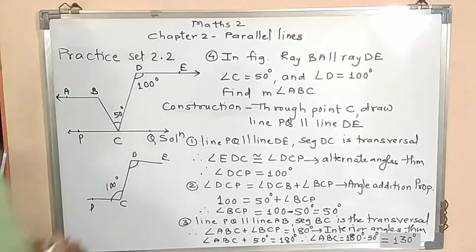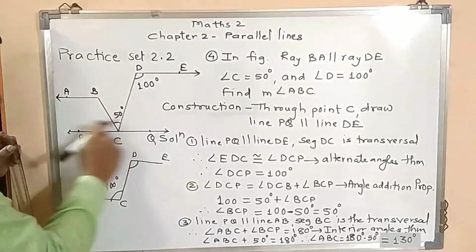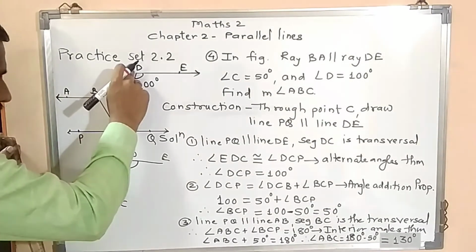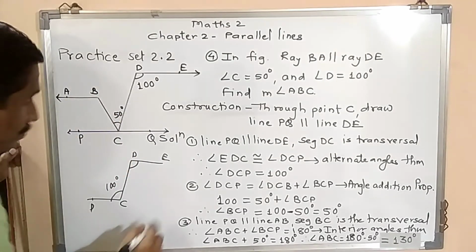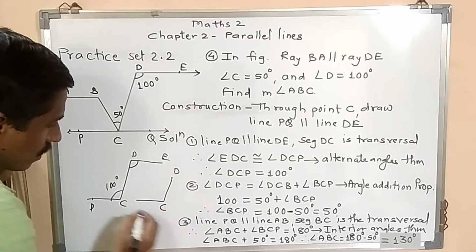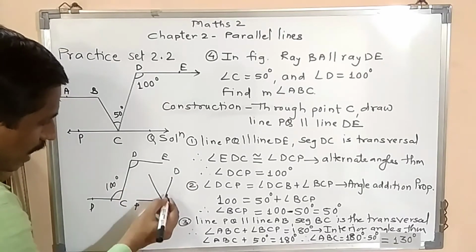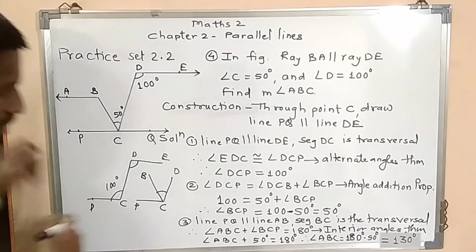Now, angle DCP is the addition of angle DCB and angle BCP. See, this is angle DCP, which is the addition of DCB and BCP.